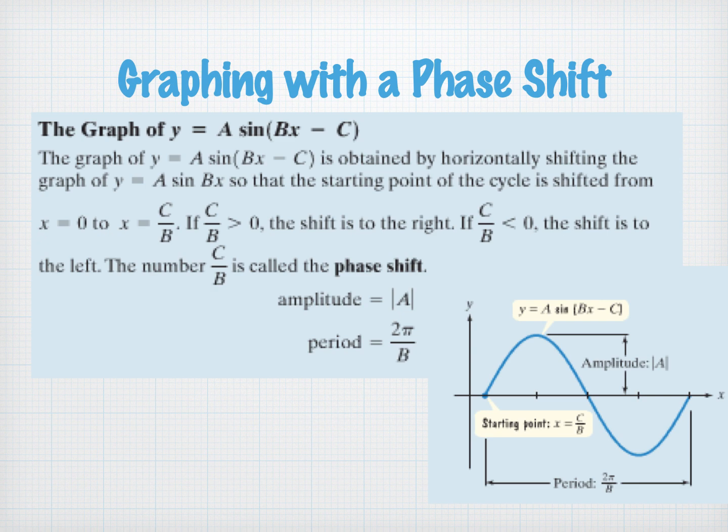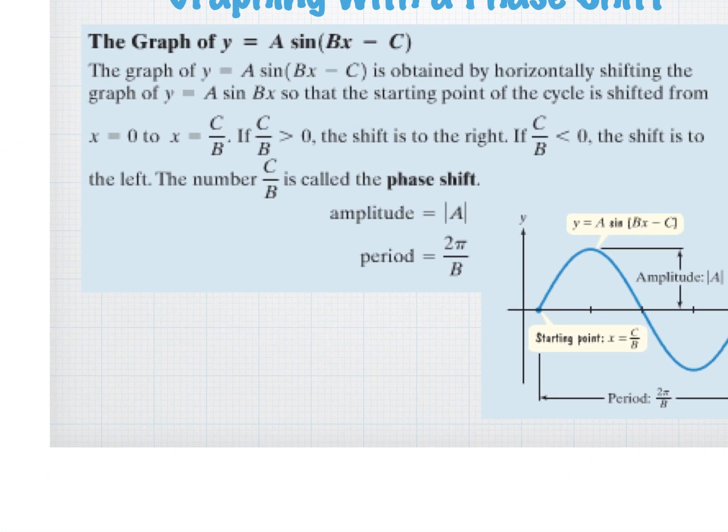Now, I know there's a lot of words here, but basically this is what it'll look like. Y equals sine, and they'll have parentheses. And then it'll have your x. And again, I'm not going to give you a period change, so it'll just be the x. And then it'll have something added or subtracted to that x.